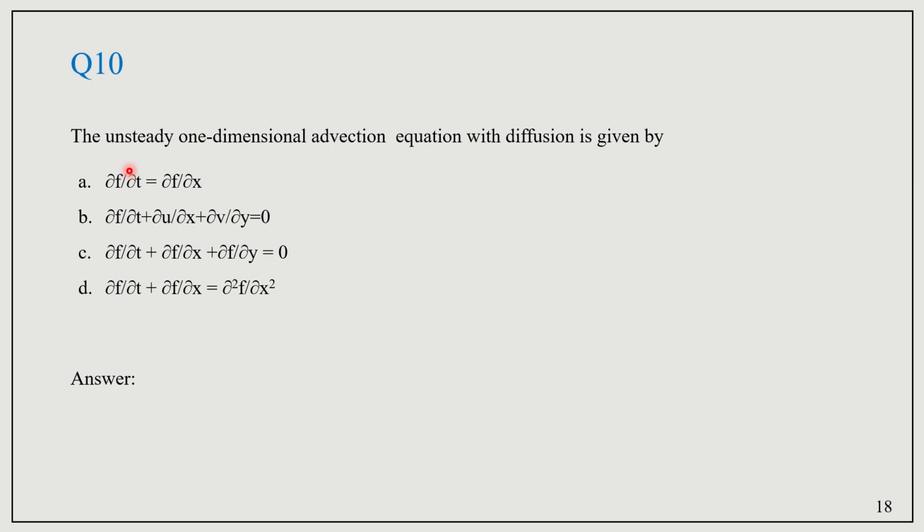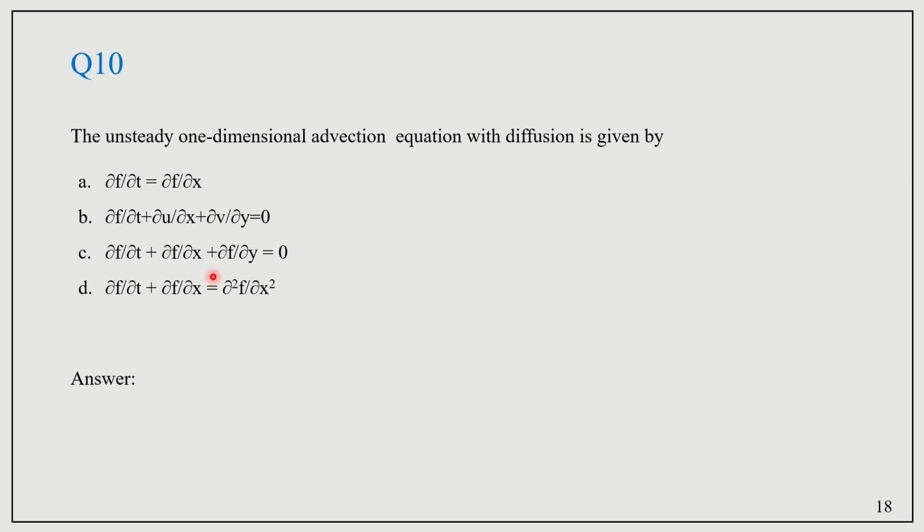So the second and third options are wrong. And it is an unsteady equation, so dou f by dou t, varying with respect to time, will not vanish. Here dou square f by dou x square is there, and it includes the diffusion.